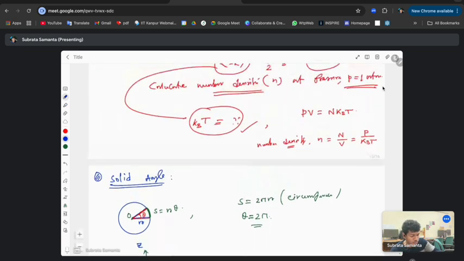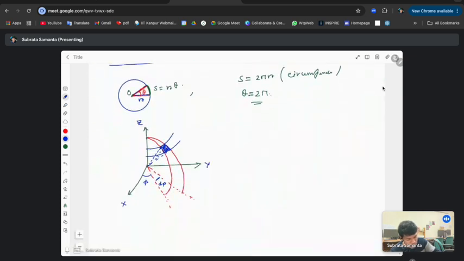So this is your area dA on the surface, and this is basically the distance r from the origin. Because this is a sphere and I consider a very small element dA on the surface of the sphere, that is at r, and the radius of the sphere is r.